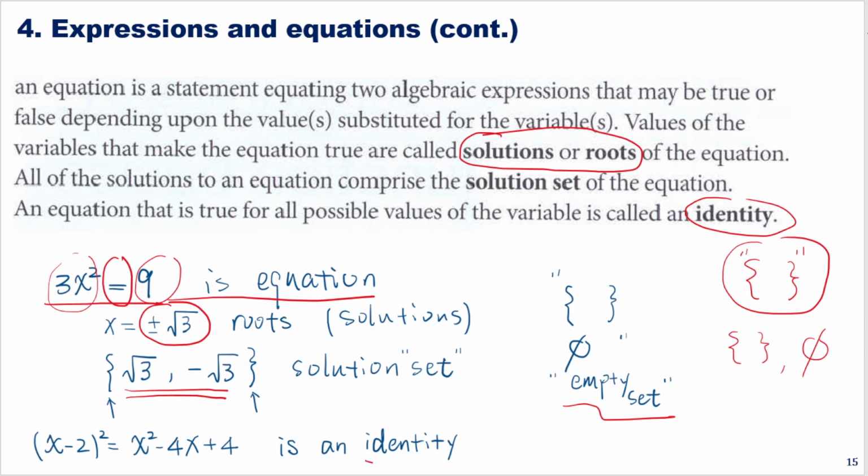And an identity is an equation that is always true. For example, (x minus 2) squared is always x squared minus 4x plus 4. And again, we'll talk about this later. If this expression is always true, then we can call it an identity. Okay? Are you clear? Again, these are just some generally used terms in mathematics. Make sure we are on the same page.